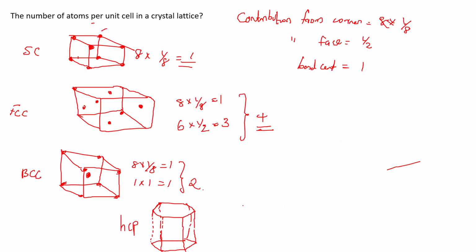In hexagonal close packing, you can see there are atoms in the corners, but here there are a total of 12 corners. Upper part 6, lower part 6, so total 12 corners. So 12 into how much will it be? 1 over 6, because 6 cells share each corner, and it will be 2.